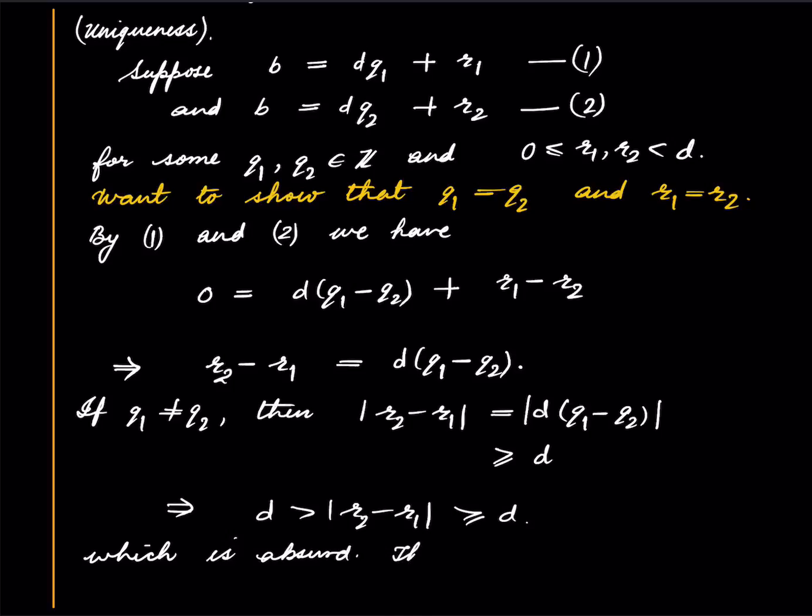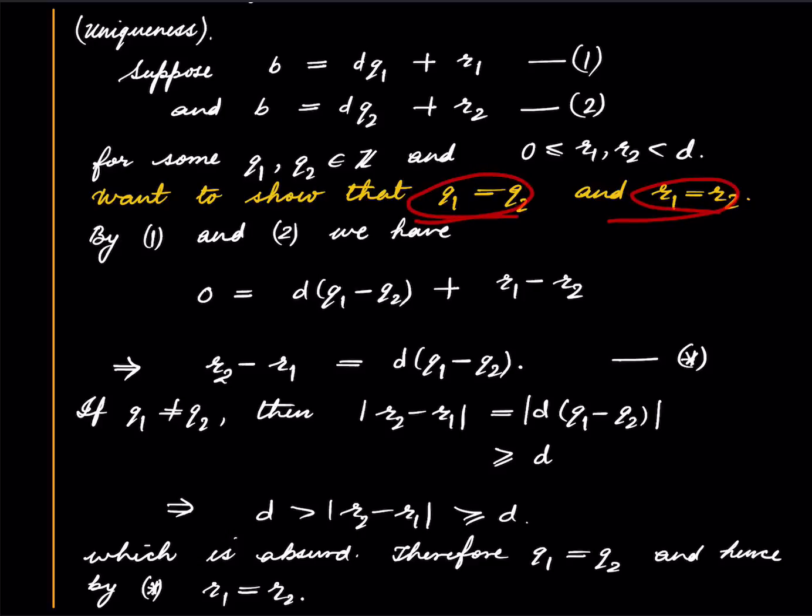So therefore, q1 must be equal to q2, and hence by star, r1 equals r2. So we have shown both the things that we wanted to show, and that's it.